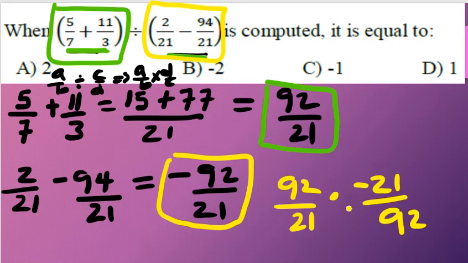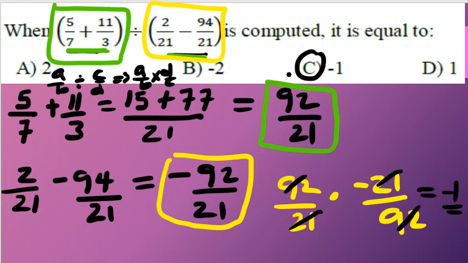Even if when you flip it, it goes to the denominator, it doesn't matter. Therefore you can cancel 21 by 21 and 92 by 92. So what remains? The answer is going to be -1, which is C.